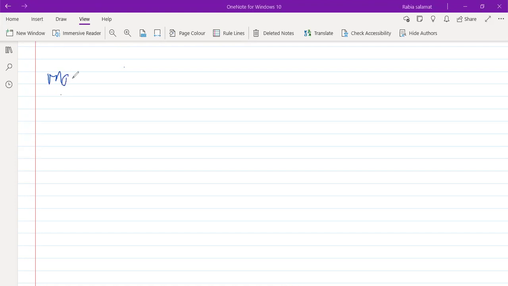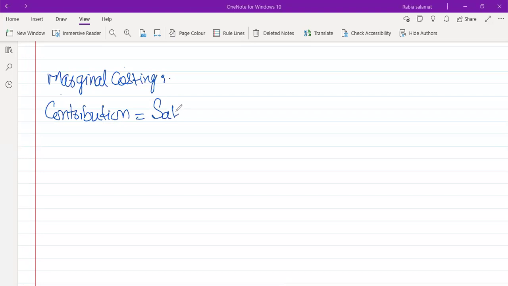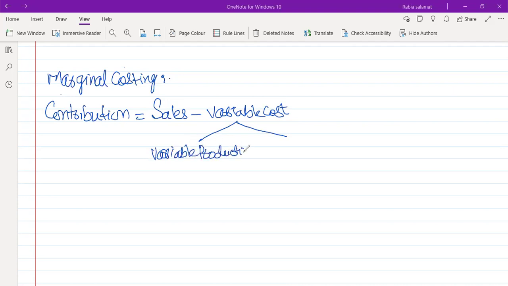If I conclude marginal costing, I said in marginal costing, we will not calculate the GP. Instead of GP, we calculate the contribution, and contribution is equal to sales minus variable cost. Variable cost includes two costs, that is variable production cost and variable non-production cost.